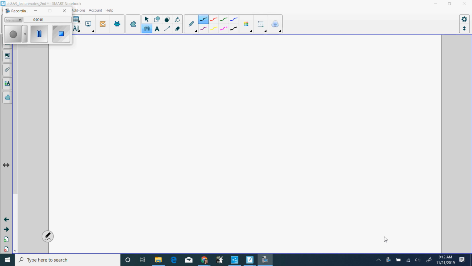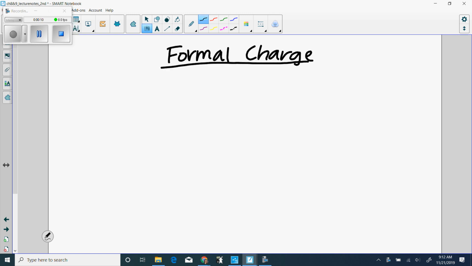The first thing I'm going to teach you is something called formal charge. Formal charge is when it asks you to pick the most likely Lewis structure.